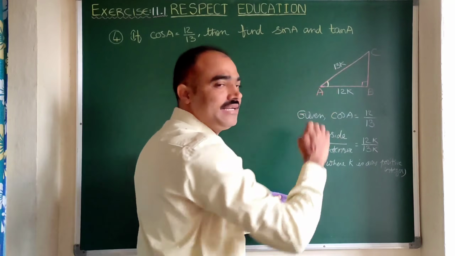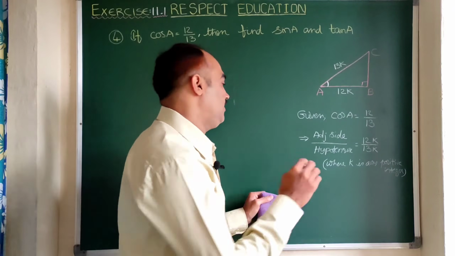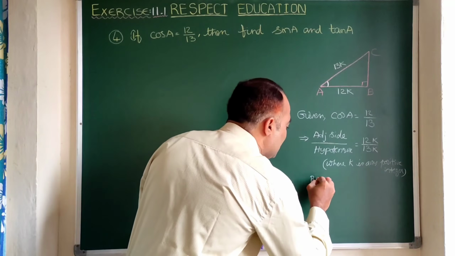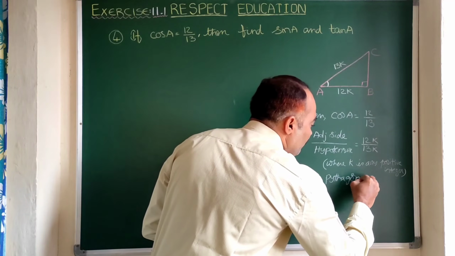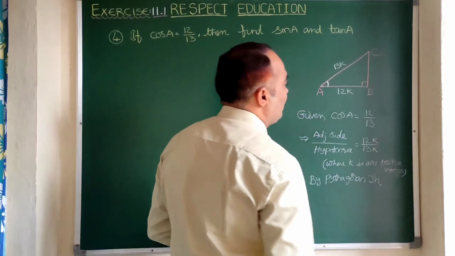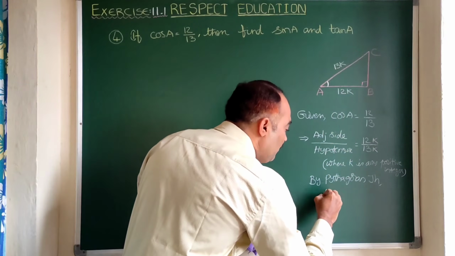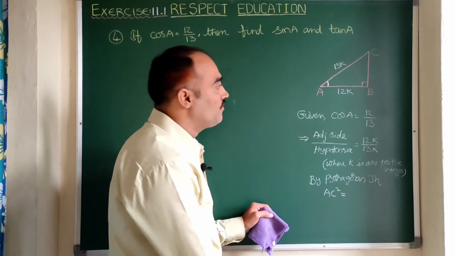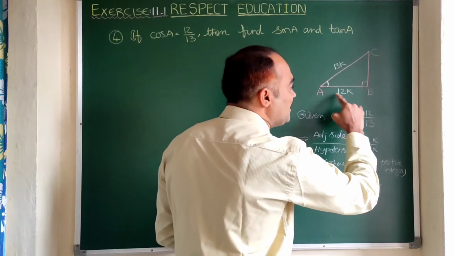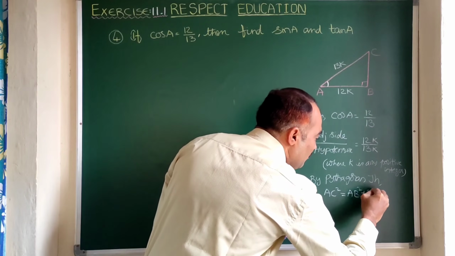Which kind of triangle is it? Which theorem is applicable? Let us apply the Pythagoras theorem now. By Pythagoras theorem, hypotenuse square means AC square is equal to side square plus side square, means AB square plus BC square.